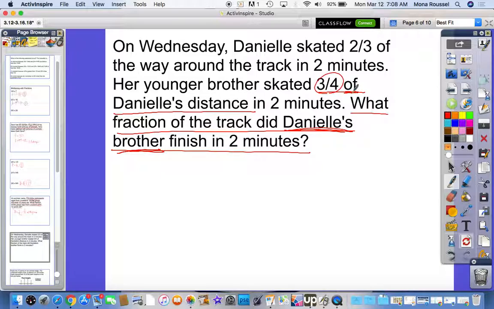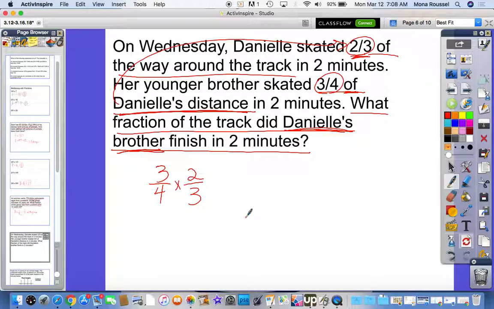Let's see how far Danielle went. Danielle went 2/3 of the way around the track. So her brother went 3/4 of her distance, which was 2/3 of the way around the track. So he went 3/4 of 2/3.